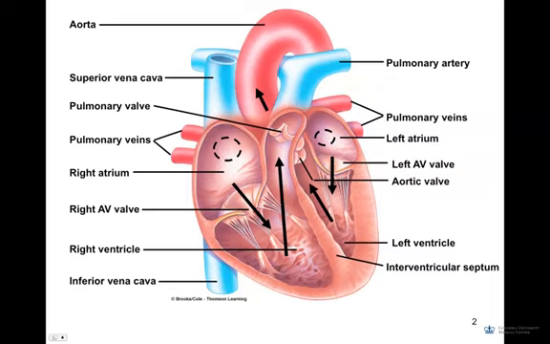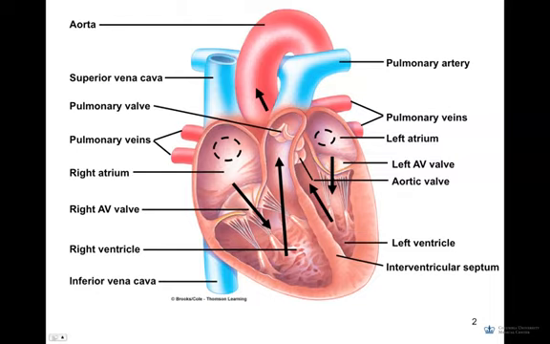From the right ventricle, blood then moves up into the pulmonary arteries, passing through the pulmonary valve. From the pulmonary arteries, blood enters the pulmonary circulatory system. It passes through pulmonary capillaries, becomes oxygenated, and then returns to the heart through pulmonary veins that you can see on either side of the heart here.